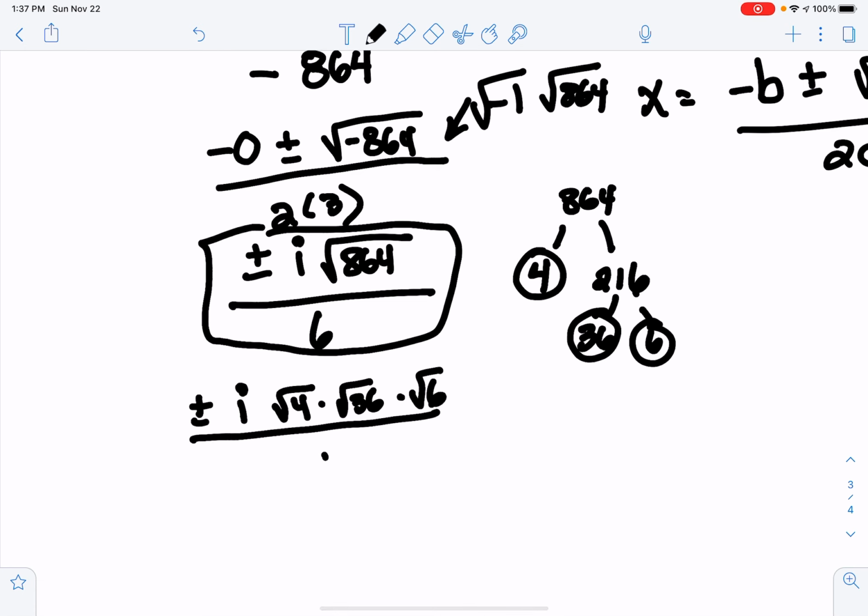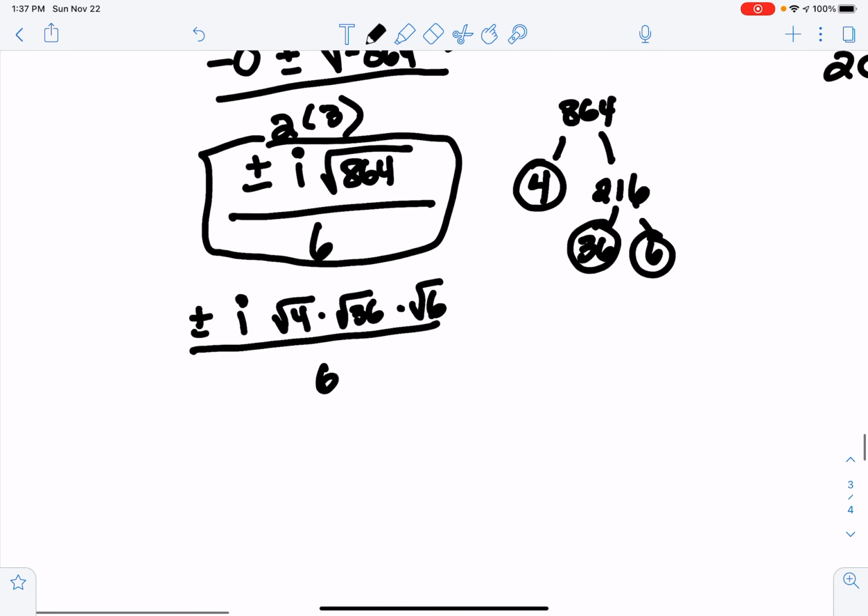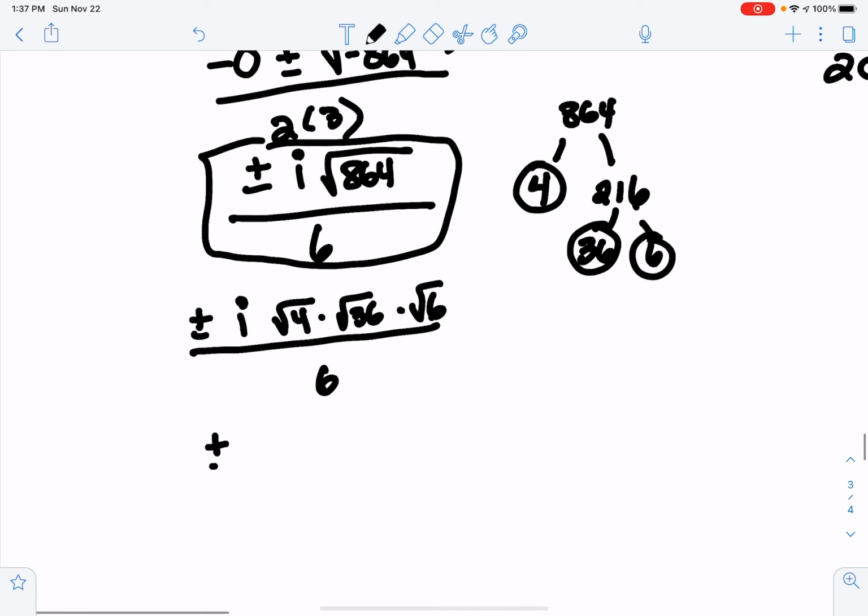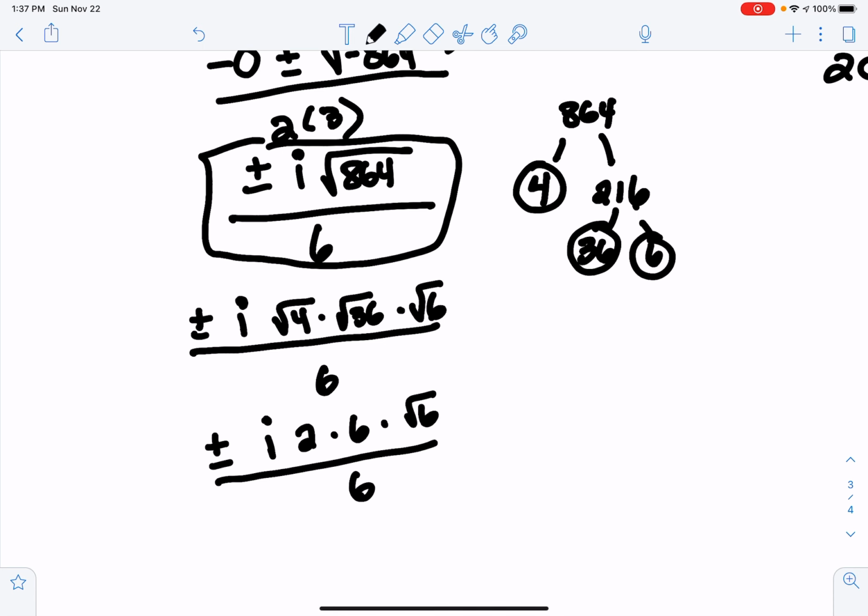And my denominator stays. I'm going to keep simplifying, just like we did on Delta Math, and it's going to become 2 times 6 times the square root of 6. And so if you notice, I could simplify this way.